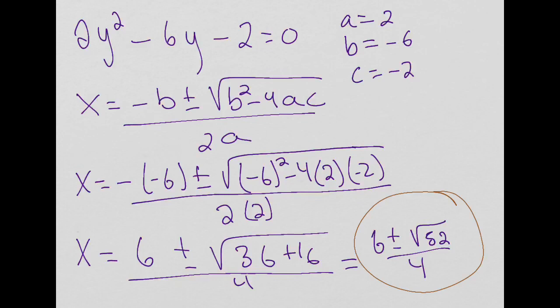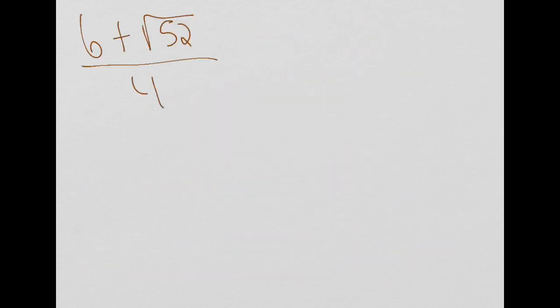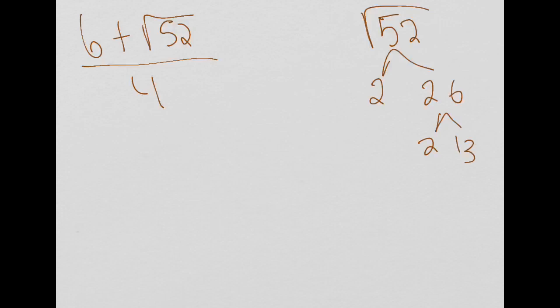So let's go ahead and add another page. 6 plus or minus square root of 52 over 4. 52 is not a perfect square, so we need to break it into 2 times 26, 2 times 13. So we're going to break it into square root of 4 times square root of 13. Square root of 4 is 2, and 13 stays inside.